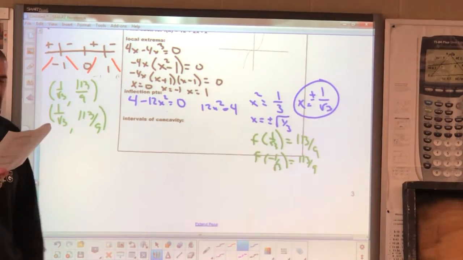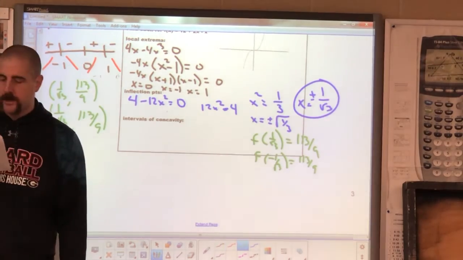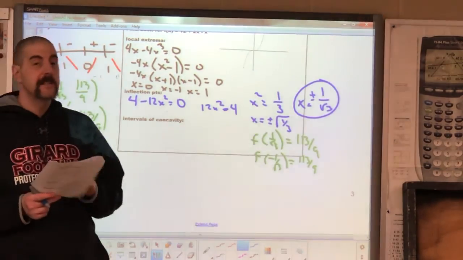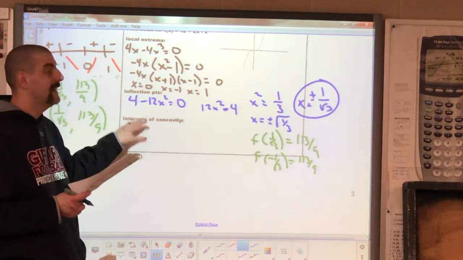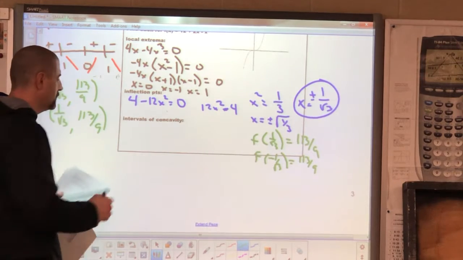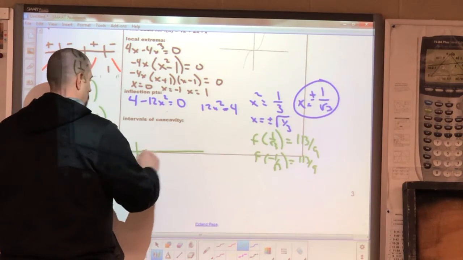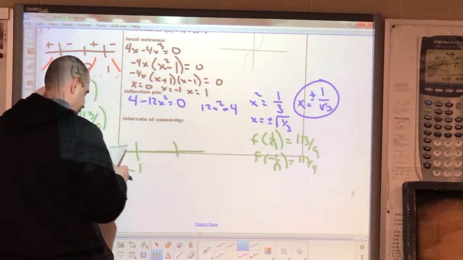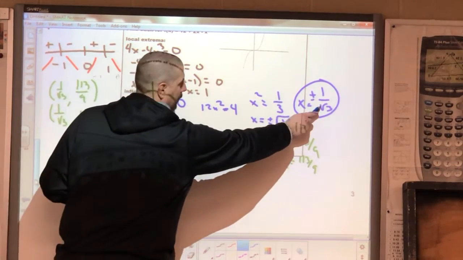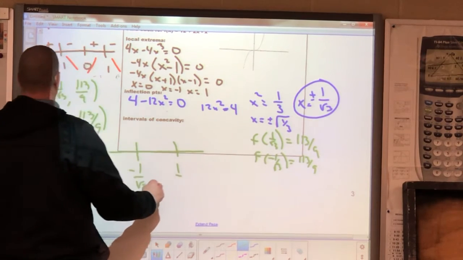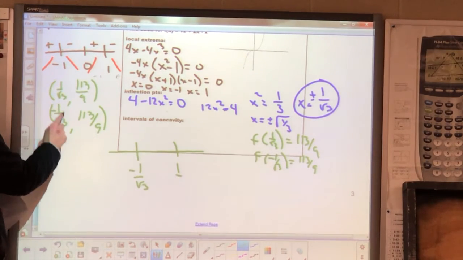Now for intervals of concavity. Now again, all right, this is very similar, but think of concavity has to do with your inflection points, not critical points. So when we do this, we want to do sign analysis on our inflection point. So, oh, sorry, this was supposed to be negative, sorry.